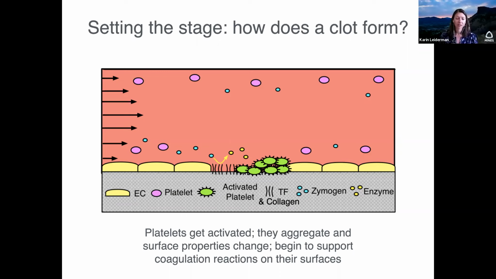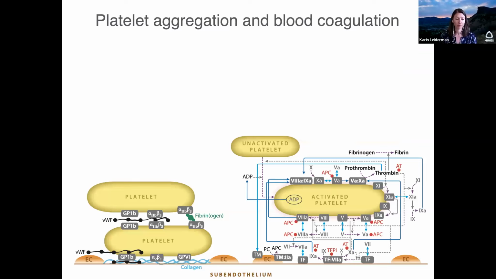Let's briefly zoom in and look at the platelet aggregation and coagulation in a little more detail. On the bottom left is a little picture of activated platelets that adhere to the subendothelium and aggregate together through a bunch of complex interactions with different receptors on the surfaces and other proteins.